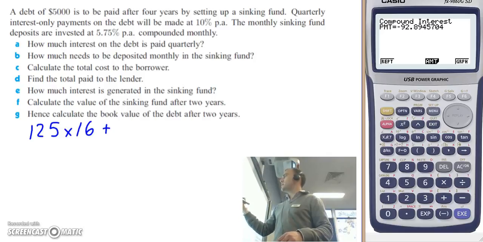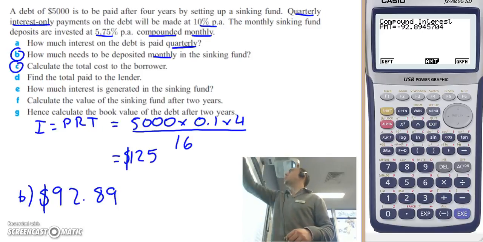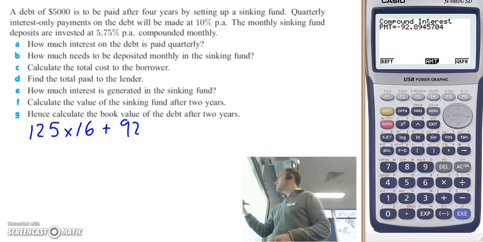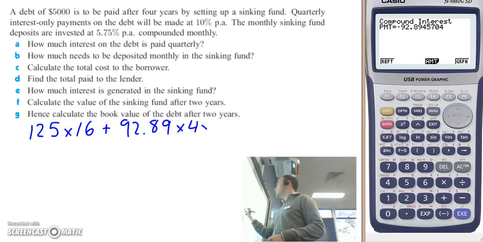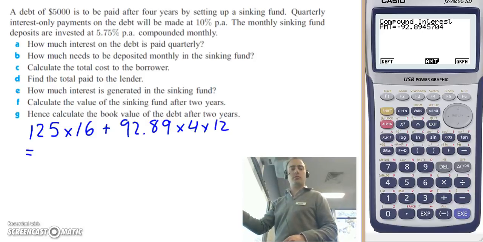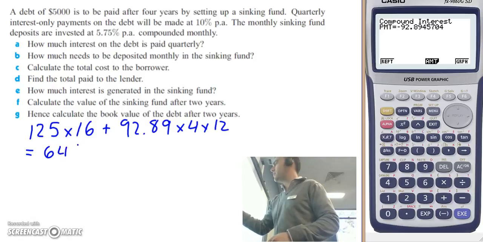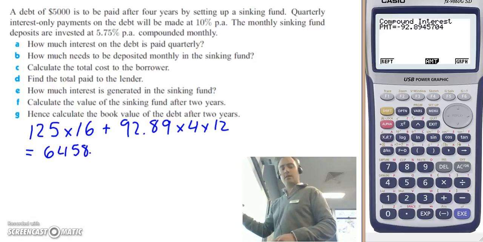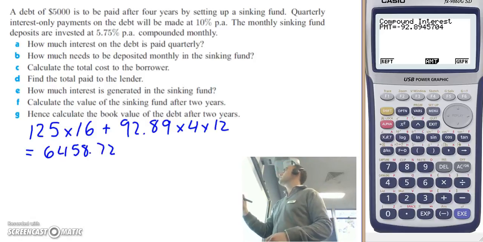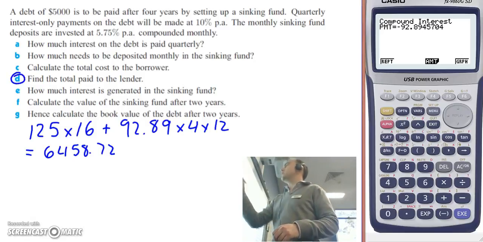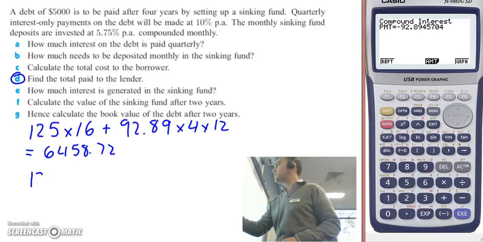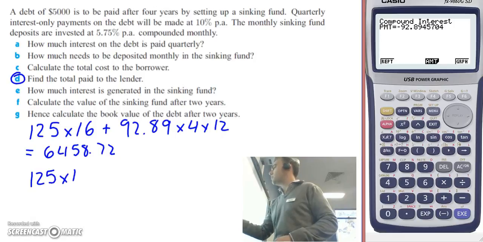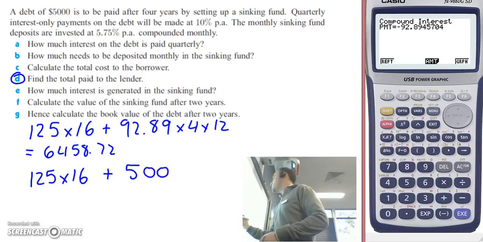Plus we had the $92.89 repayments that they did for 4 years every month. So the total cost is $6,458.72.